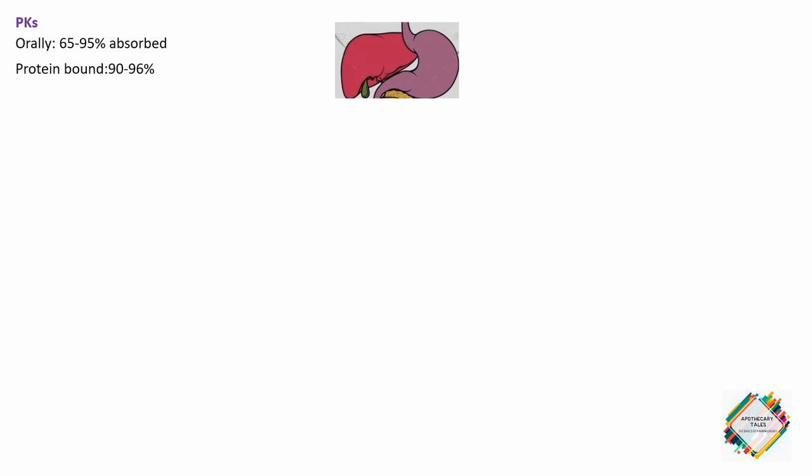Now when you talk about its PK, usually it is given orally with 65 to 95% of absorption, and it is 90 to 96% protein bound. Its absorption is usually delayed by food and the metabolism is by the cytochrome P3A4 enzyme and it is eliminated mainly via the bile as well as to a small extent via the urine, about 2 to 6% of it.